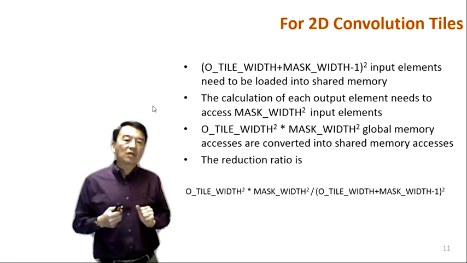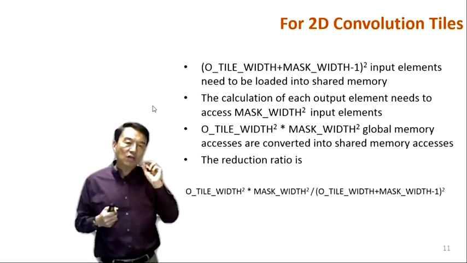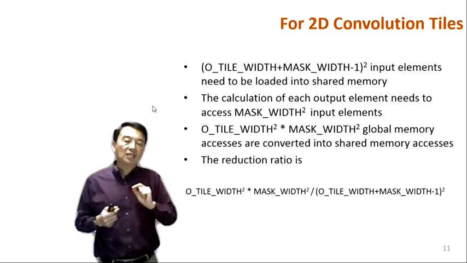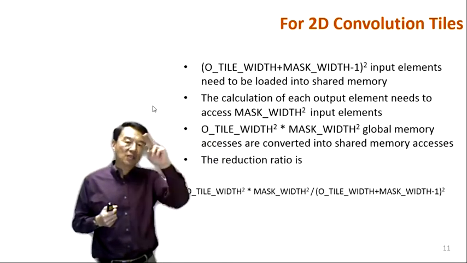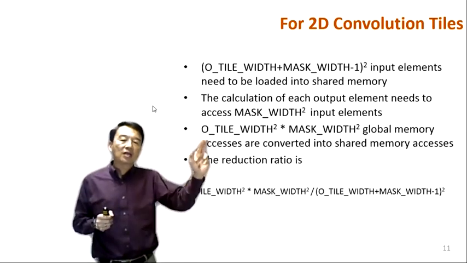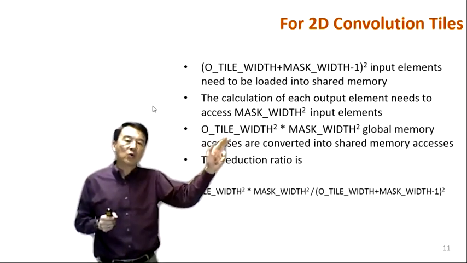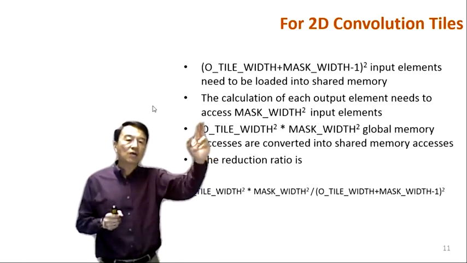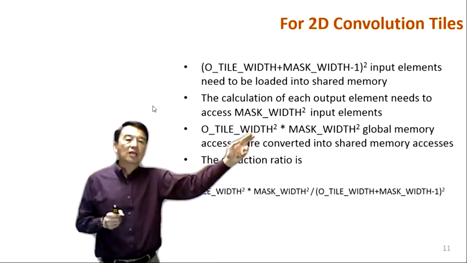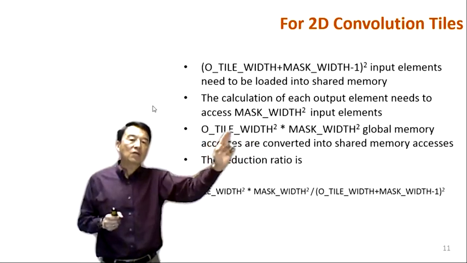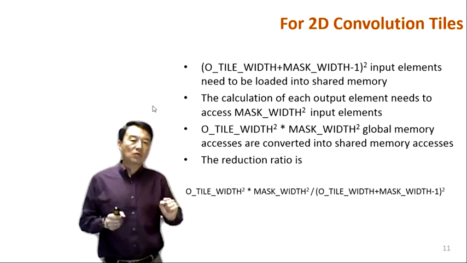And then if we look at the calculation of every output element, it needs to access mask width squared input elements. Essentially, it's that neighborhood of input elements. And then there are output tile width square number of output elements that we need to calculate. So the total number of global memory accesses that are being converted into shared memory accesses is output tile width square times mask width square.